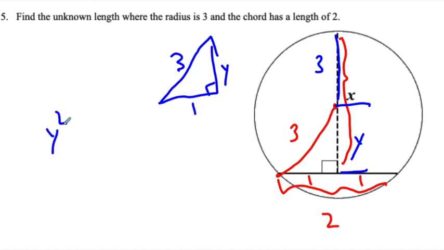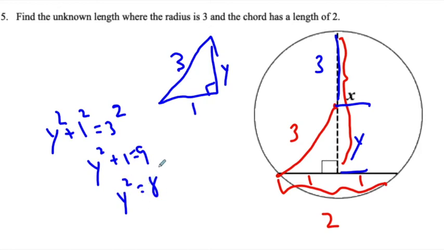So we know that y squared plus 1 squared is 3 squared. y squared plus 1 equals 9. Don't forget 1 squared is not 2. y squared equals 8. Take the square root, and y is equal to the square root of 8, or right around let's call it 2.83.